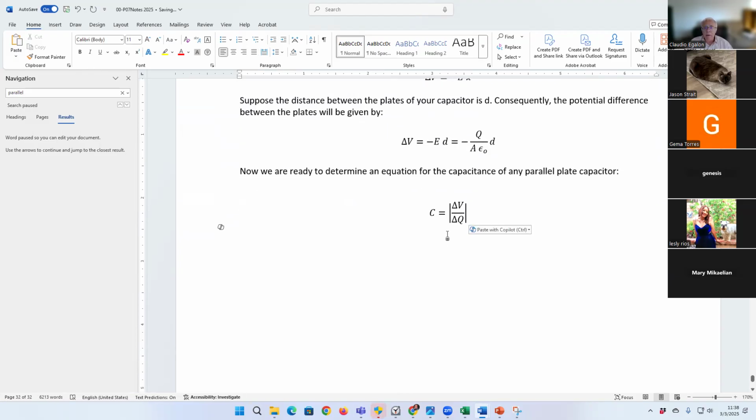We already have our delta V. Our delta V is this equation right in here. Delta V here means the potential difference between the two plates, okay? And here shouldn't be delta Q. Here actually should be Q, okay? And look what happens. Something interesting happens. This Q, I'm gonna put the A epsilon naught downstairs first.